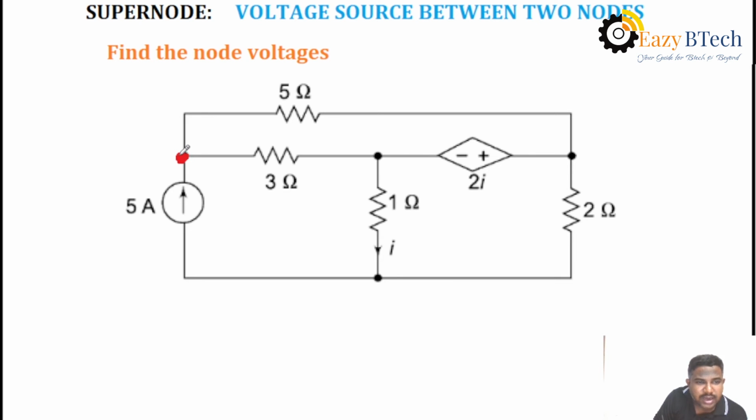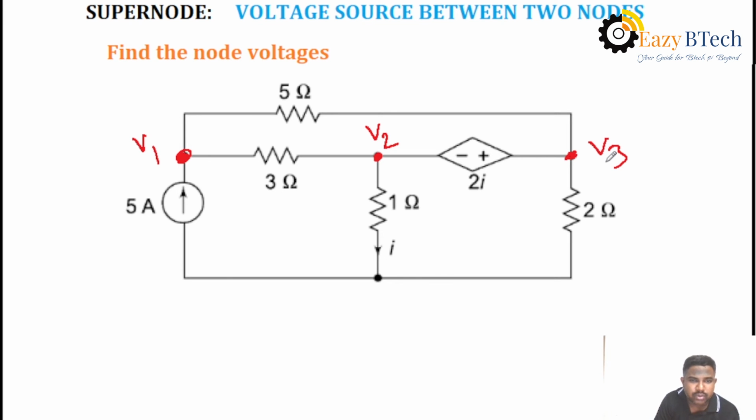At this node point, current will be divided, then it is taken as the V1 node. At this point also current will be divided, then it is taken as the V2 node. At this node point, current also divides, then it is taken as the V3 node. Then simply apply KCL at node V1, at node V2, at node V3.